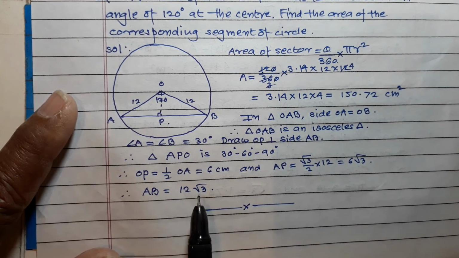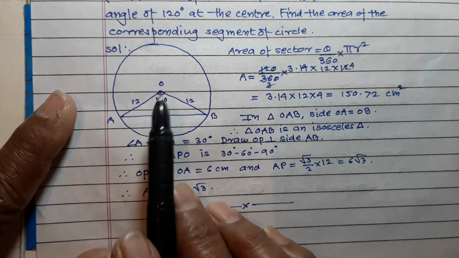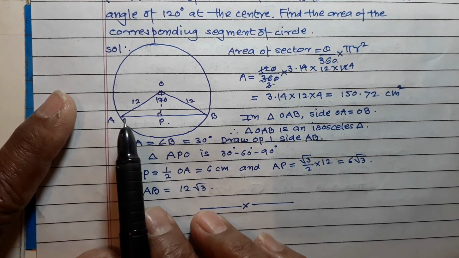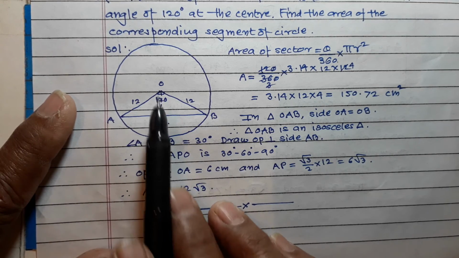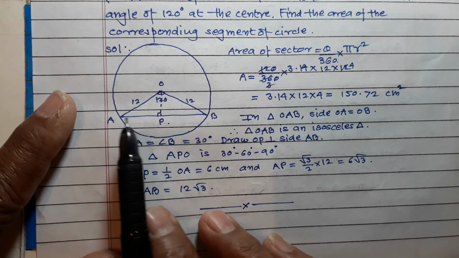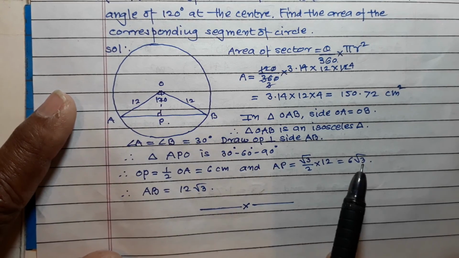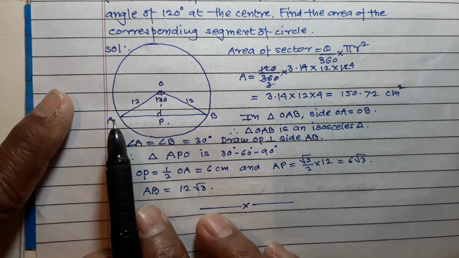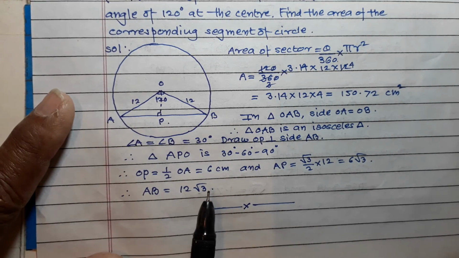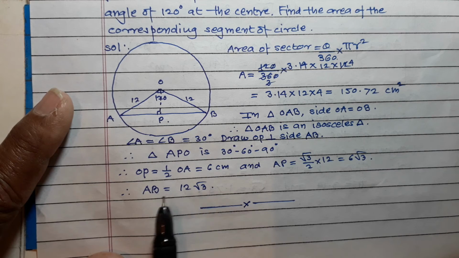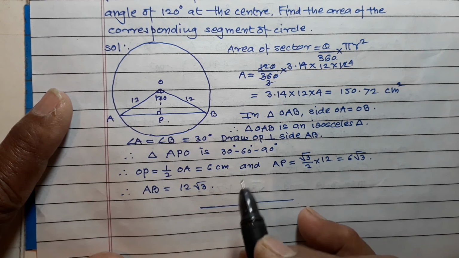So you know the property: a perpendicular drawn on a chord from the center bisects the chord. So AP is equal to 6 root 3, and therefore AB is equal to twice AP. So AB is equal to 12 root 3 centimeters.